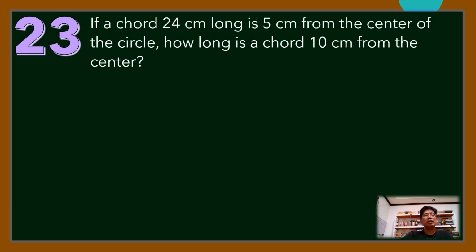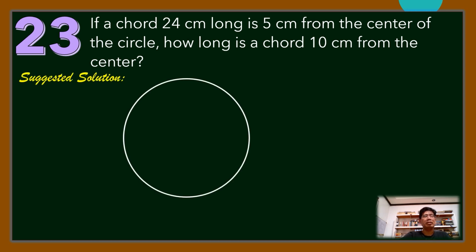Problem number 23. If a chord 24 centimeters long is 5 centimeters from the center of a circle, how long is a chord 10 centimeters from the center? For our solution, let us draw a diagram for the problem.